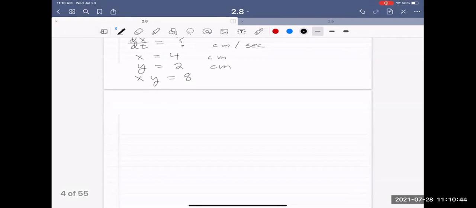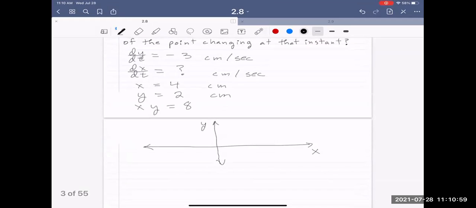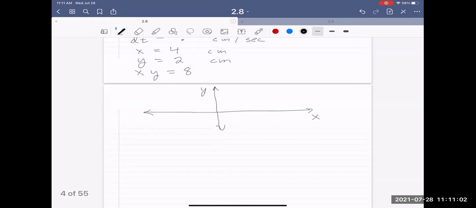Maybe I'll draw the situation that's occurring, because the answer is going to be so fast. Let's actually do that for 1 second to show you what's happening. Okay, so xy is equal to 8. So the graph of xy equaling 8 looks something like this. We're at the point 4, 2.